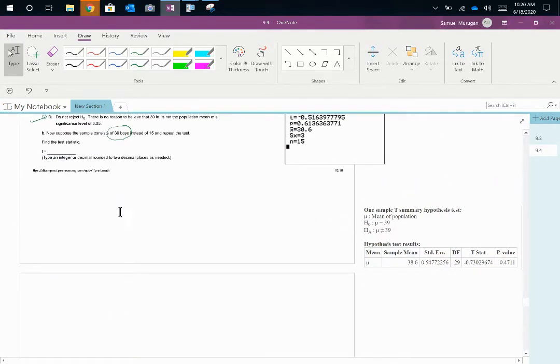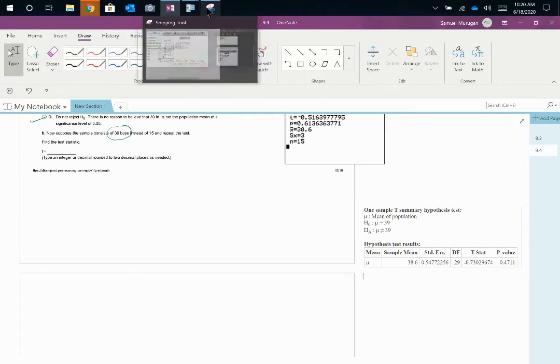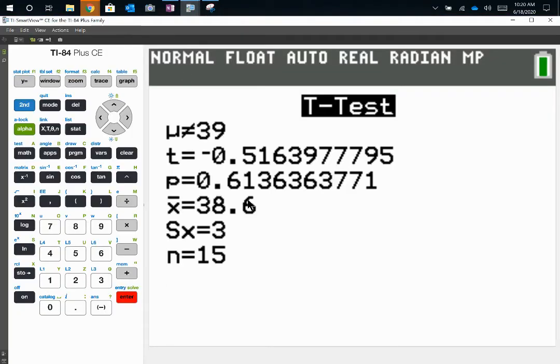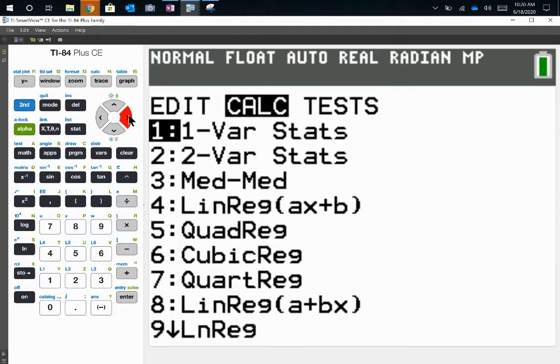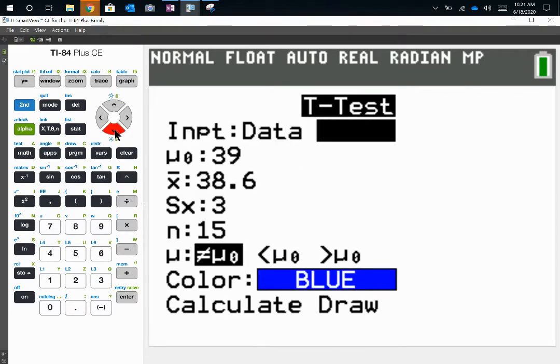Okay, and let's also do the calculator part where we can edit with the calculator. Can we edit this? Let's see. We go back to stat tests. Remember, your old data is still stored in there, so the only thing you would need to change is the 30. Enter, enter, enter.